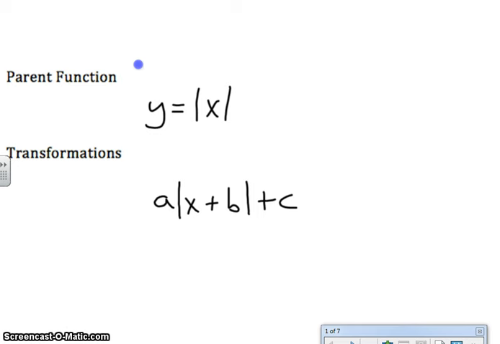A would be the number out in front of the absolute value, and this could do a few things. If A is negative, then we have a reflection over the x-axis.